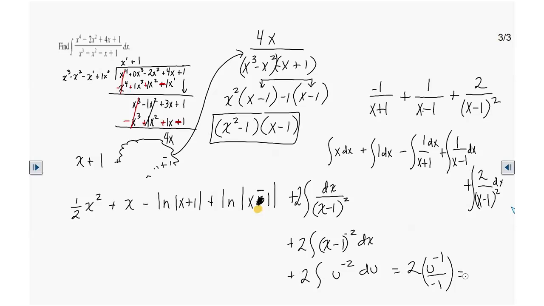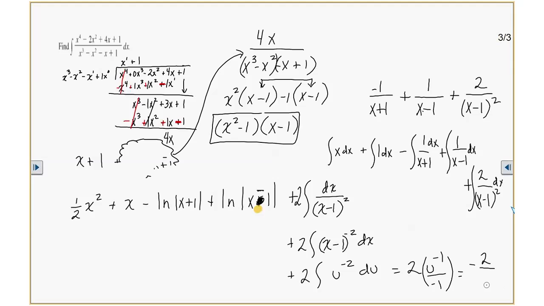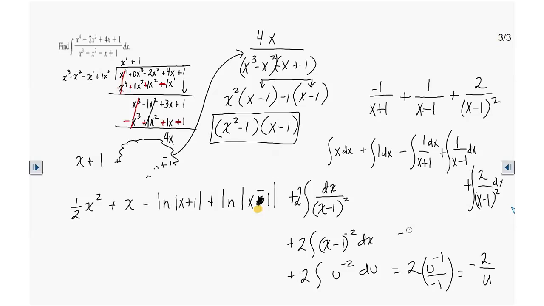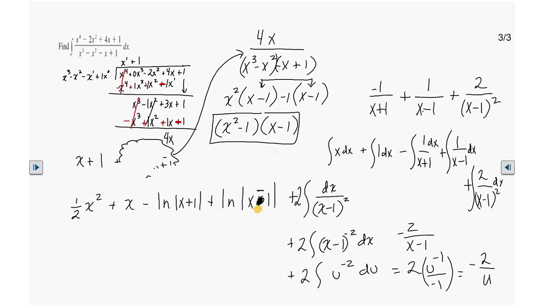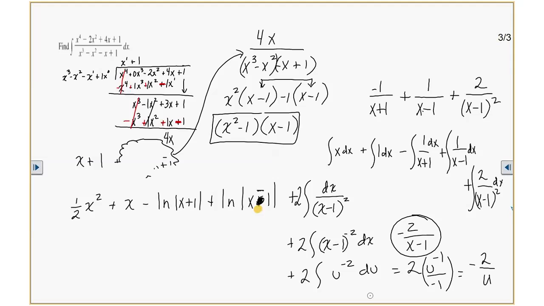So it looks like to me you get negative 2 over u, which would be negative 2 over what? x minus 1? And that's what they got. Hold on, let me see what they got. Negative 2 over x minus 1. Yep. This is what they've got, and you tell me if that's what I've got.